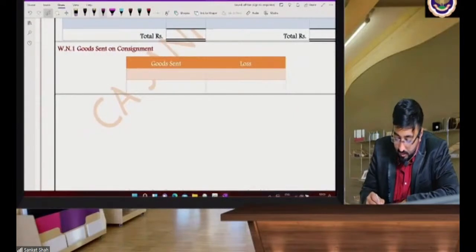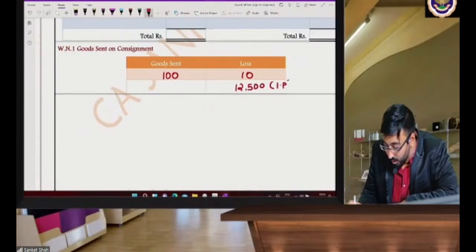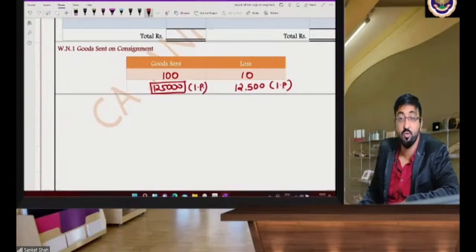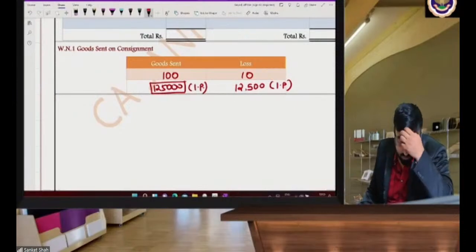See, red pen only. Goods sent 100, loss is 10. If this is given 12,500, what is the invoice price? So this is 1,25,000. It's the invoice price.